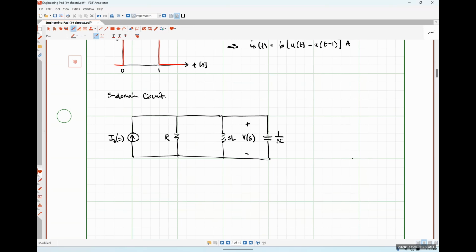Hurts my heart that you guys don't see the very obvious solution. I have a current flowing into 3 impedances in parallel, and I'm looking for voltage. Why can't I just use Ohm's law? I times ZEQ. Why can't I do that?